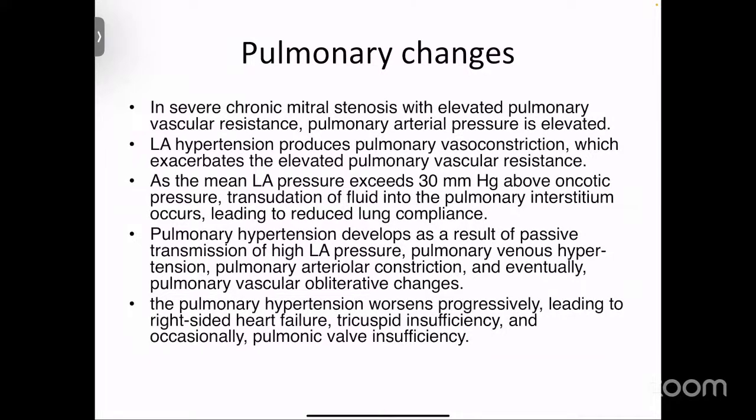With the rise of the atrial pressure, there are some cases that can develop tricuspid insufficiency, and rarely pulmonary insufficiency.